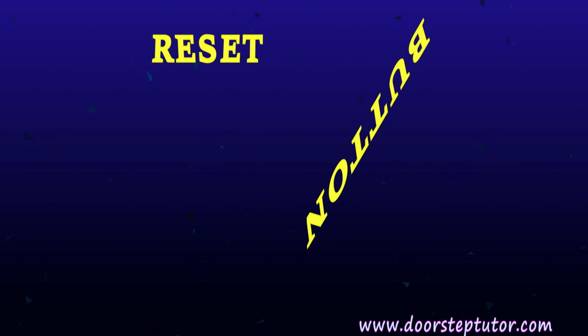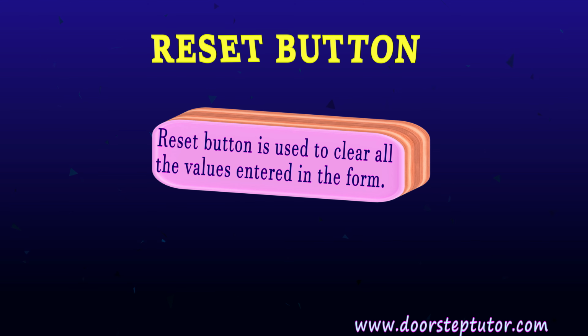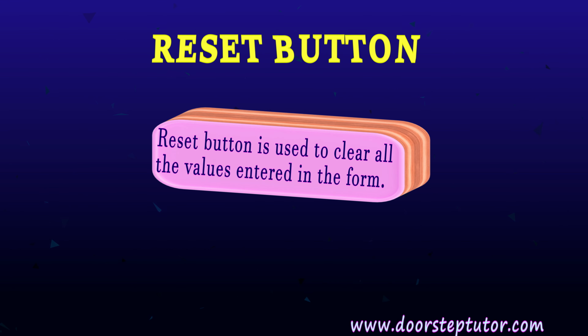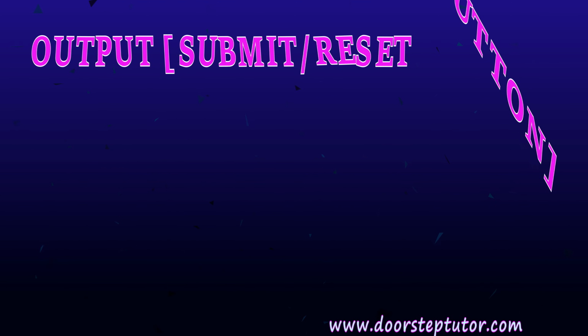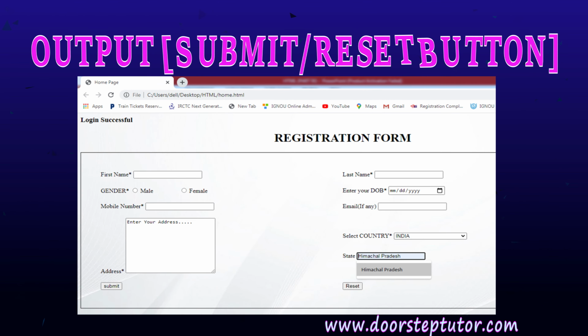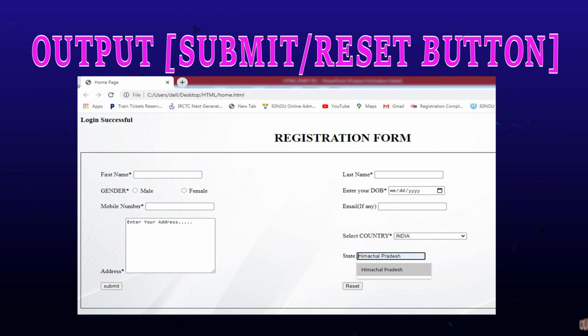And the reset button is used to just clear the values whatever has been entered by the user. As the name represents, it is used for resetting of values. So here you can view the entire registration form and different controls using HTML form elements.